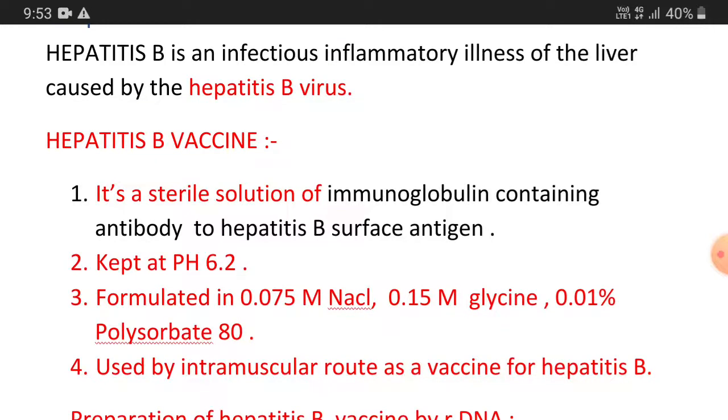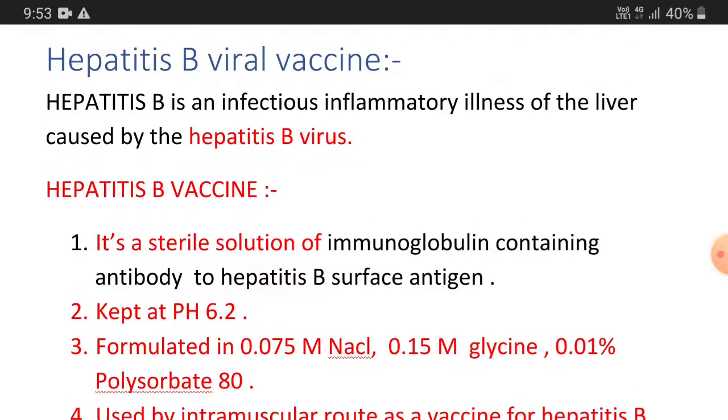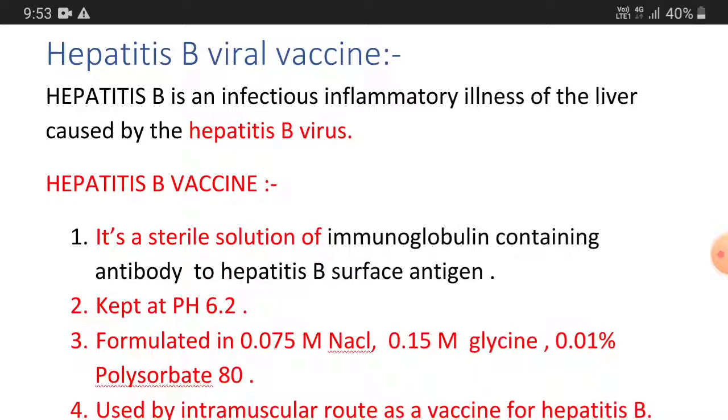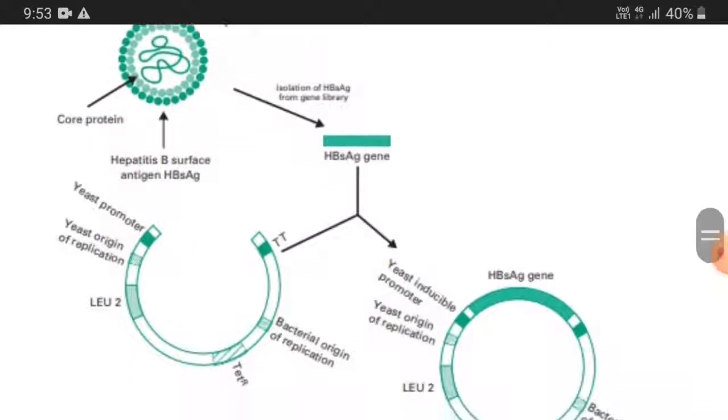And we are using Chinese hamster ovary cells or other mammalian cell lines, or Saccharomyces cerevisiae cells, for the construction of the hepatitis B virus vaccine. So that was the concept of hepatitis B virus vaccine formation.